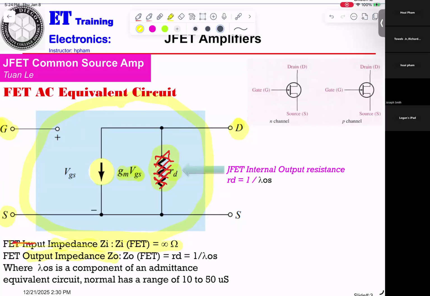We don't care about that. Where gos is a component of an admittance equivalent circuit. Normal range is 10 to 50 microsiemens.